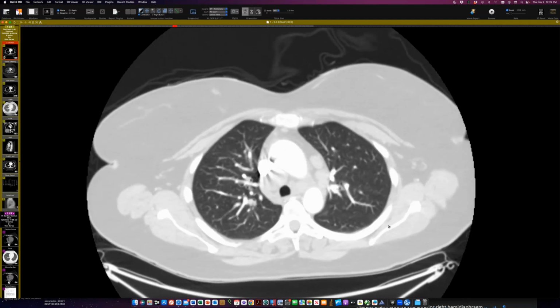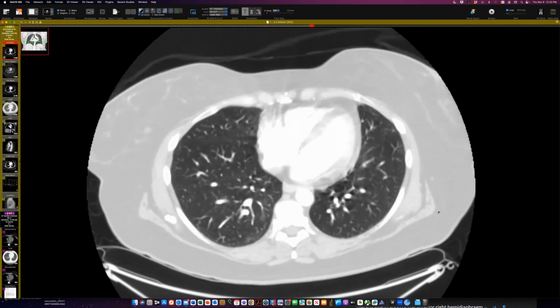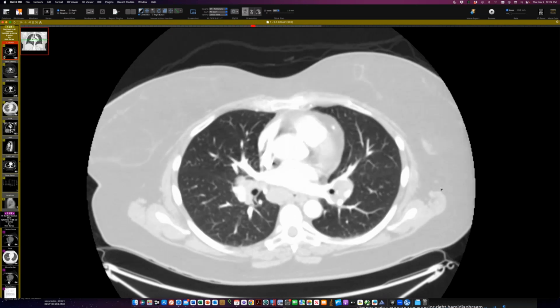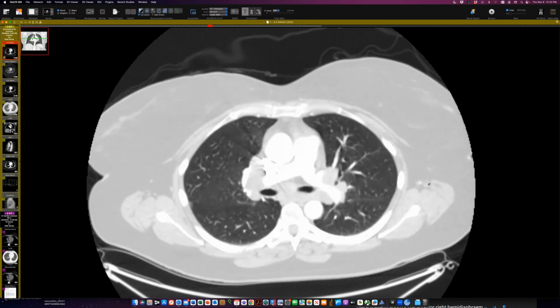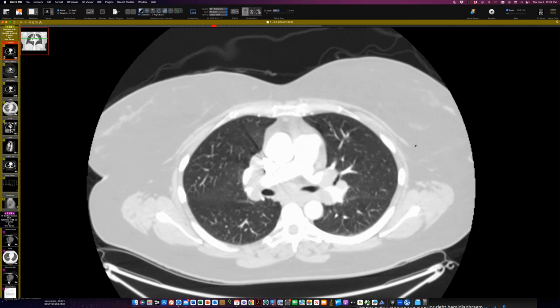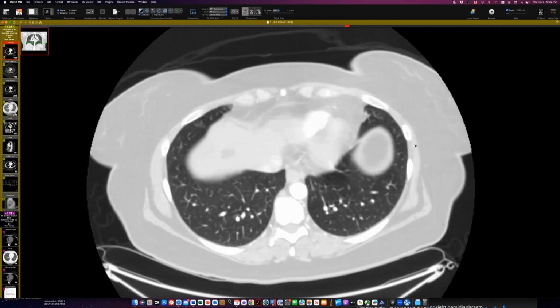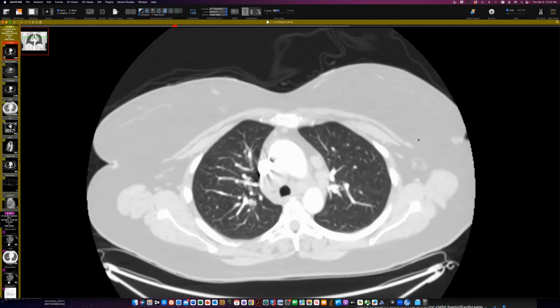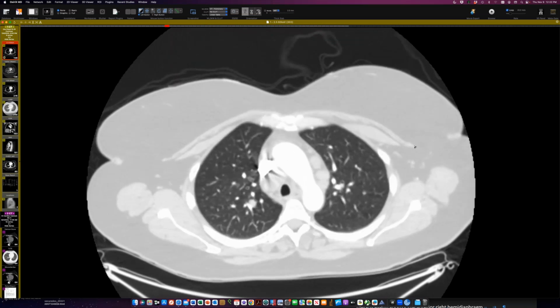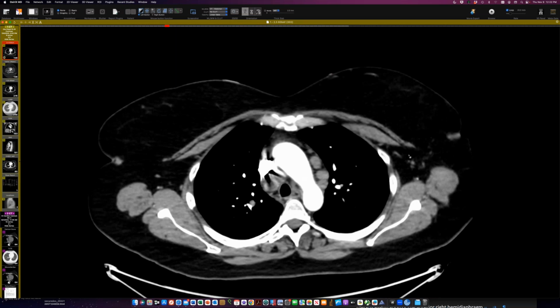There may be a little bit of bronchial wall thickening here, but there's no profusion of small sarcoid-like nodules. Nodes were biopsied, and they returned non-caseating granulomas consistent with sarcoid.